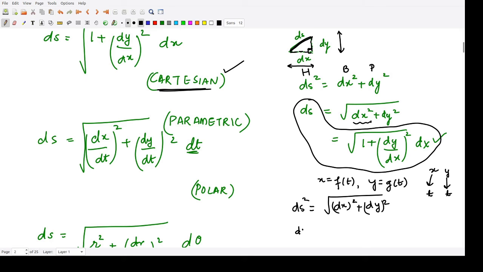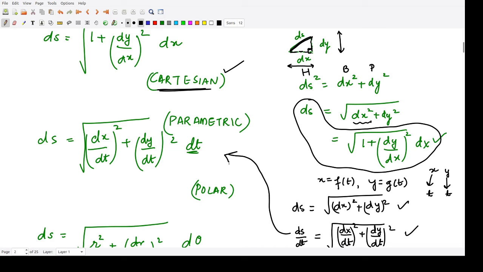If I am writing square, I should not write square root on the right hand side, so here I am removing this square term. So we have ds upon dt equal to square root of dx by dt whole square plus dy by dt whole square. This is the expression that we use for the parametric case.